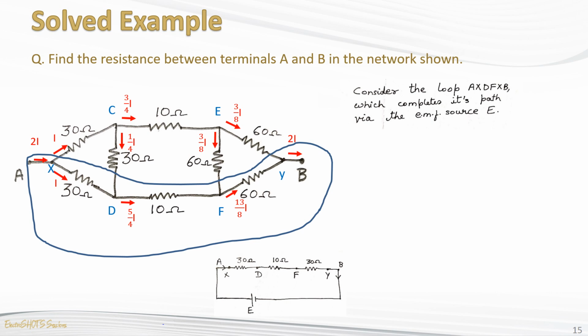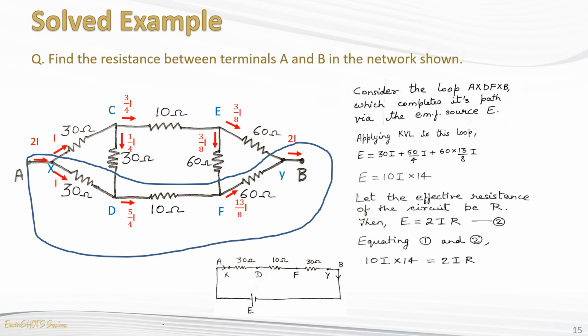In this loop, I am able to apply KVL very conveniently because I have already found how much current is flowing through the resistors in this loop, that is 30, 10 and 30 ohms. Once I apply KVL, I get an equation for E.